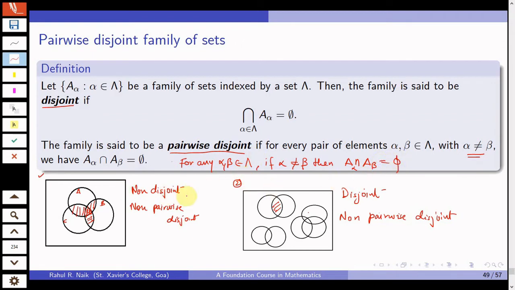So this is the definition of pairwise disjoint, and in fact this can help us to show that something is not pairwise disjoint.